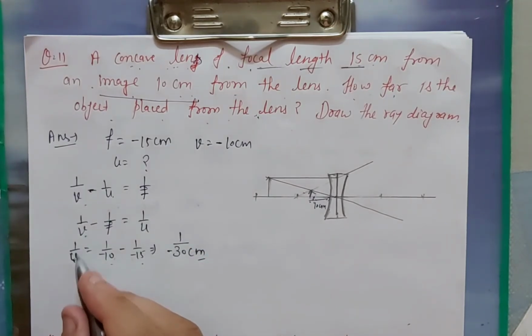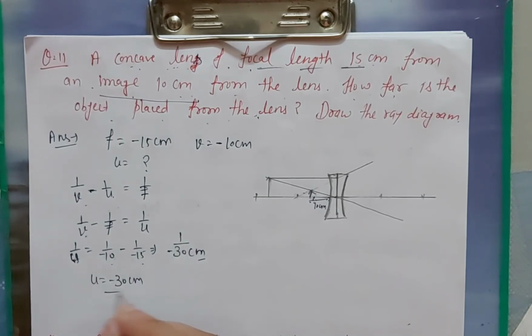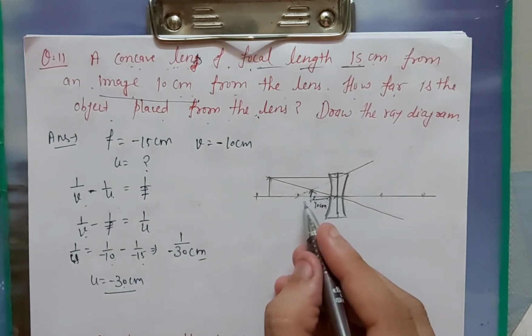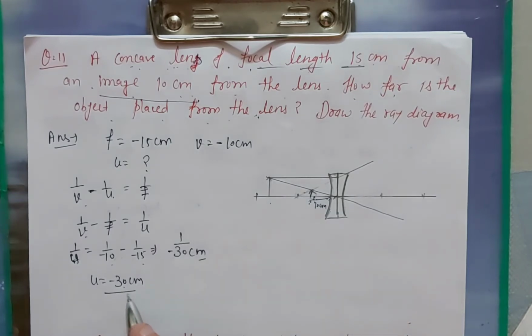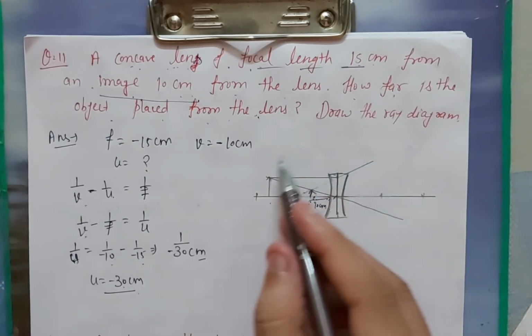One by 30. So 1/u is equal to minus 1/30. So what is the value of u? u is equal to minus 30 centimeter. So u value is minus 30. माइनस मीन्स कि जो हमारी इमेज है वो, जो ऑब्जेक्ट है वो इस तरफ होता है, तो यू की वैल्यू क्या आती है? हमारी नेगेटिव आती है. So this is the diagram.